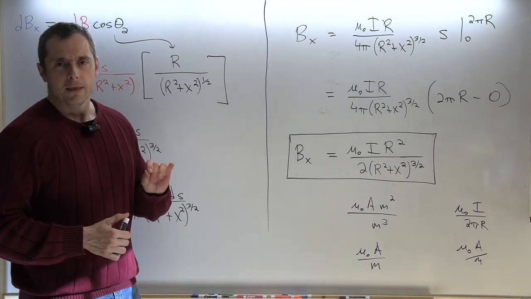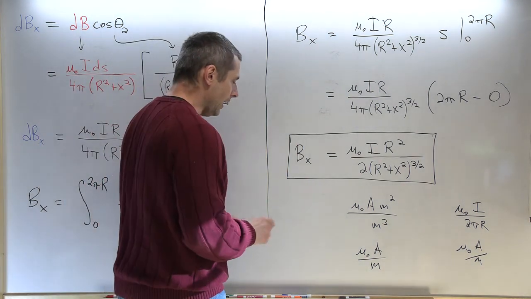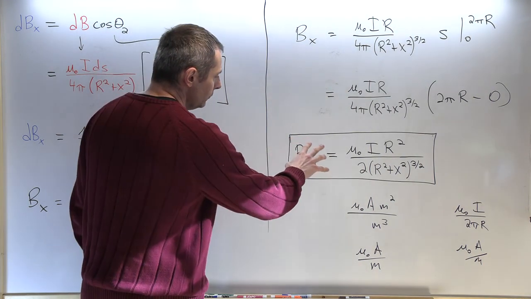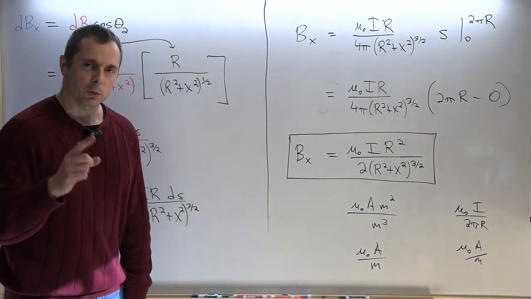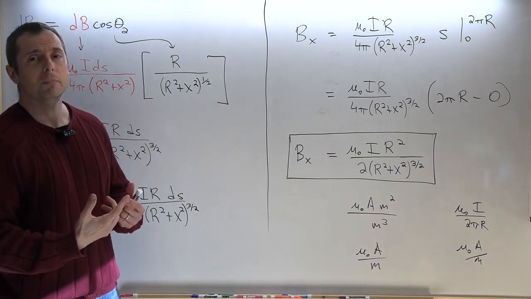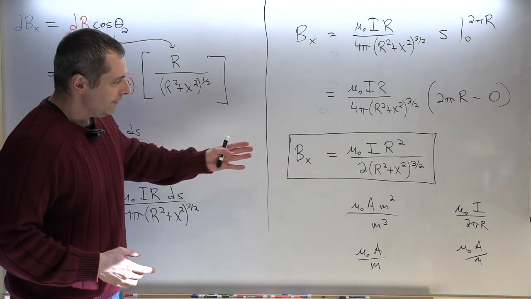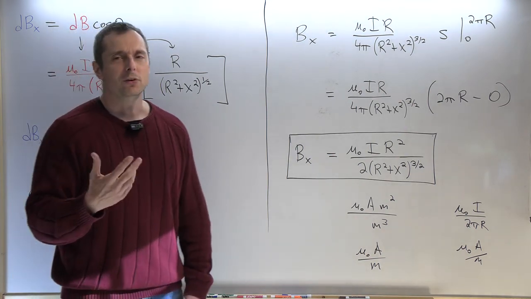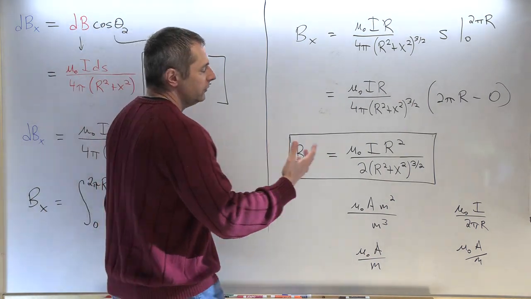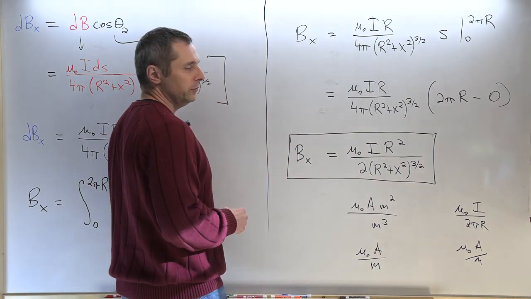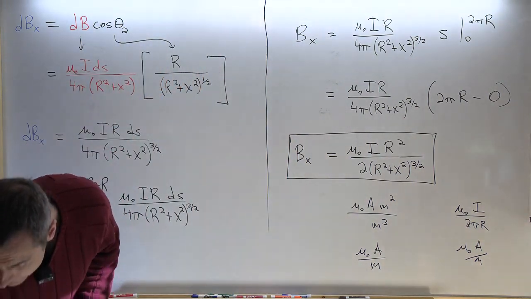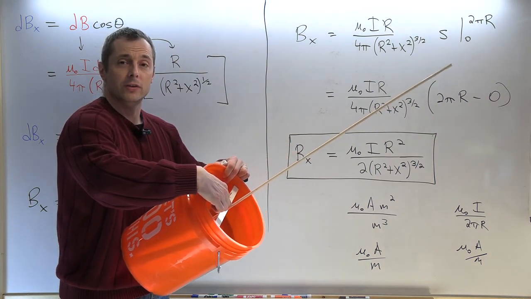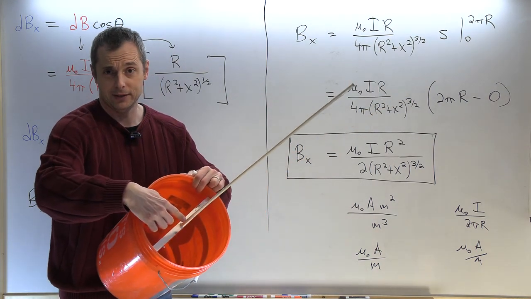Another thing I want to point out is that this formula is a generalization of the one we learned in example 1. What I mean by that is once you have this, you technically don't need to know how to do example 1, even though it's easier, because you could just take this formula and plug in x equals 0, which would be the magnetic field at the center of the ring.